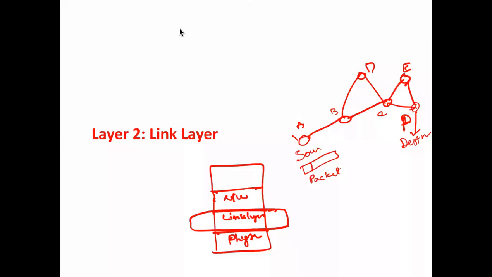Path is not a link, ma'am. A path consists of a number of links. When you're going this way, this is the path. It consists of A, B, B, C, C. This may be a router here, and this may be a router here, right?